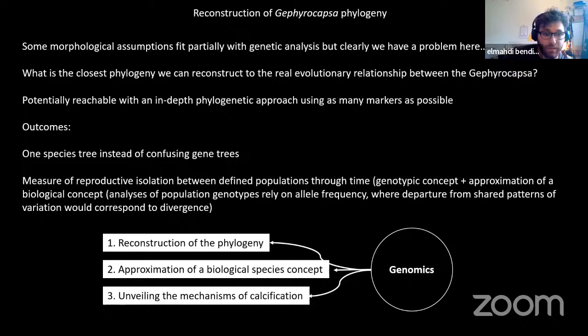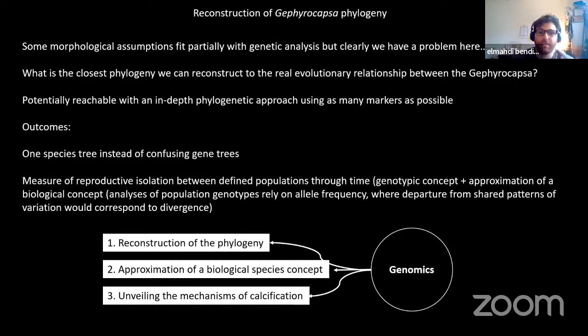The main outcomes of using those methods are, first, that we may have a species tree instead of confusing gene trees as we had in the previous slide. We can also assess a measure of reproductive isolation between the defined populations through time. So it will be based on a mixture of a genotypic concept and an approximation of a biological concept.